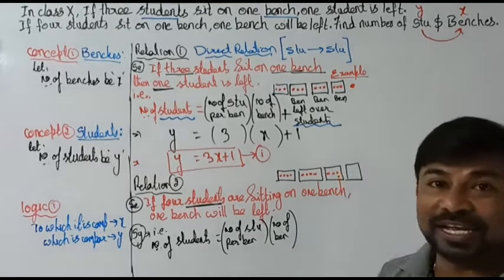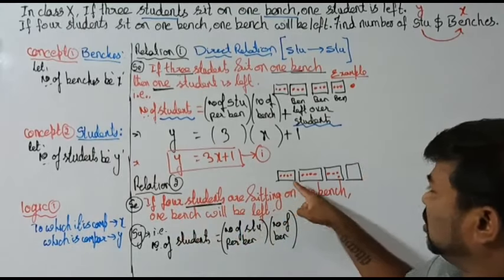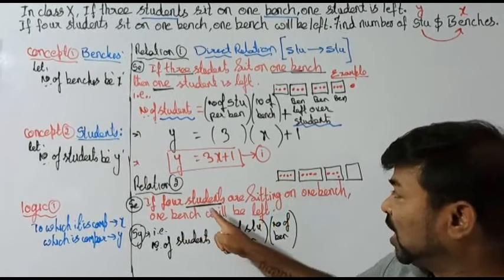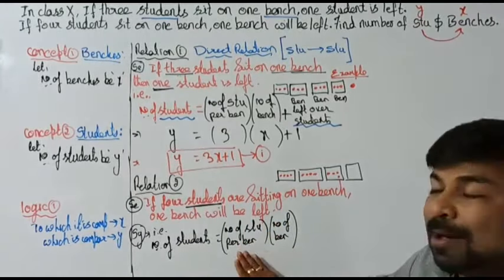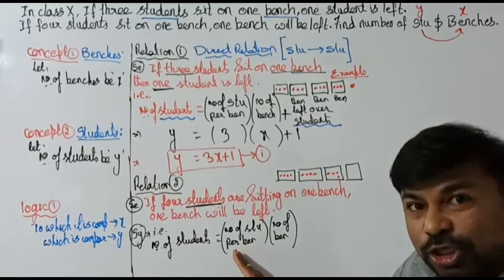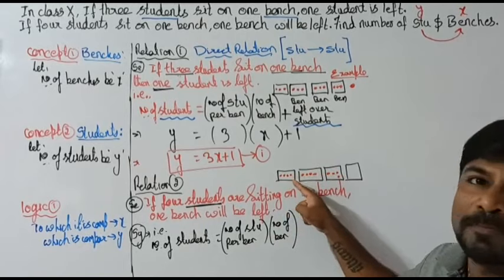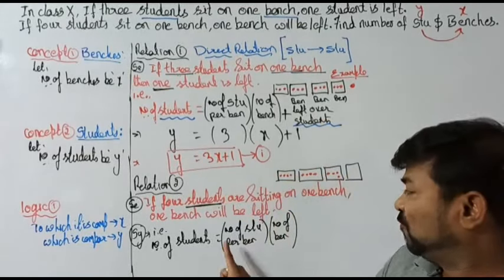So if the number of students sitting on each bench, the number of students per bench, is 4, how many benches times? If you want to know how many students are there, it is number of students per bench into number of benches. So there are 3, with 4 members on each bench. How many total students are there? 4 times 3.